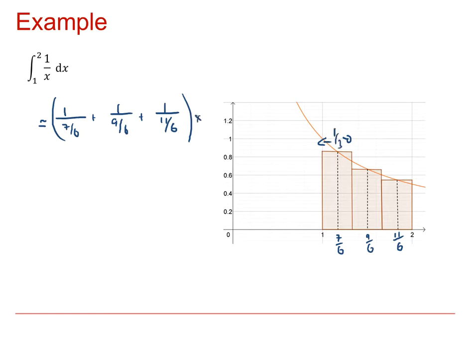So it's easier now to work in fractions. But if we calculate that as a decimal to 3 decimal places, it becomes 0.690. So you can see that again there's an improvement, the approximation becoming closer to the actual value of the integral, which was 0.693.